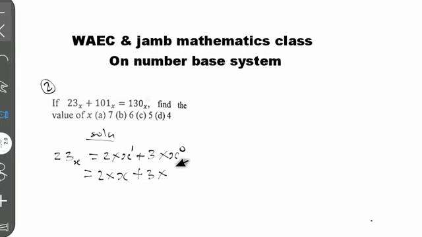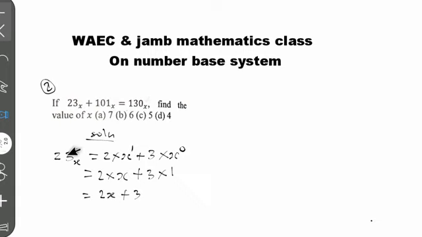That is the law of indices. I will prove to you why it is equal to 1 in another class. So S to the power 0 is equal to 1. Now let's solve it quickly. 2 times S gives us 2S, plus 3 times 1, which gives us 3.